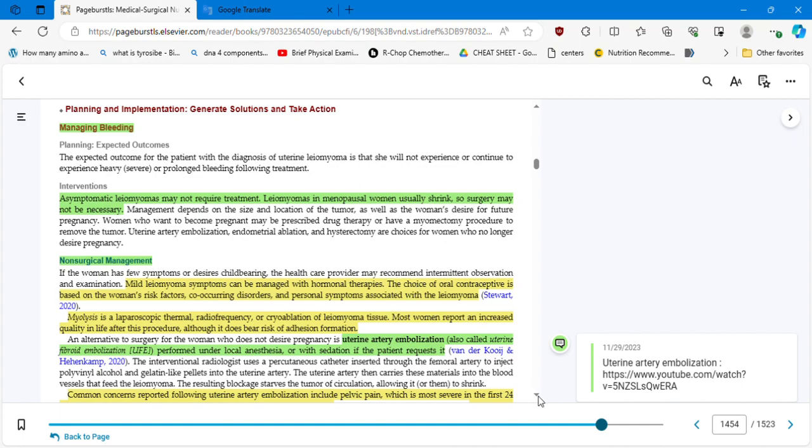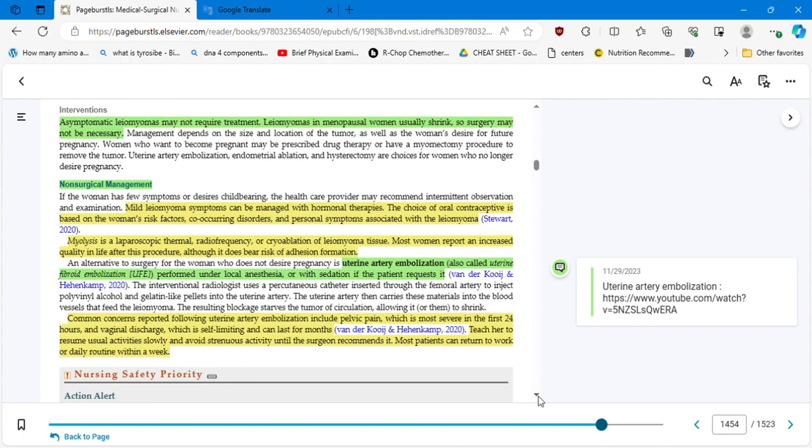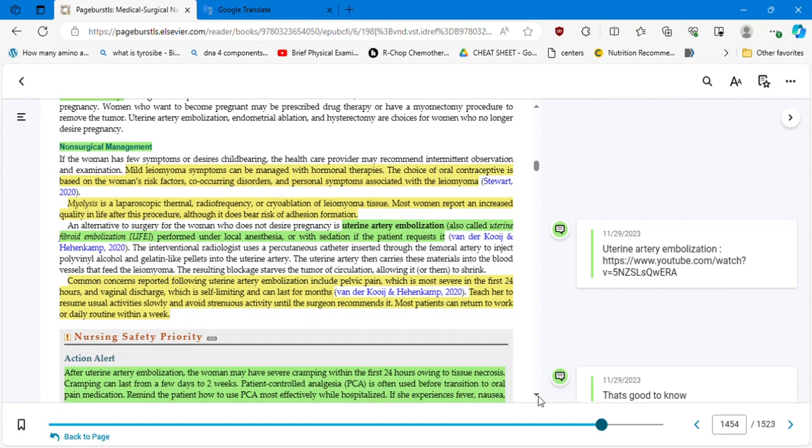So, non-surgical management. Mild leiomyoma symptoms can be managed with hormonal therapies. The choice of oral contraceptives is based on the woman's risk factors, co-occurring disorders, and personal symptoms associated with the leiomyoma.